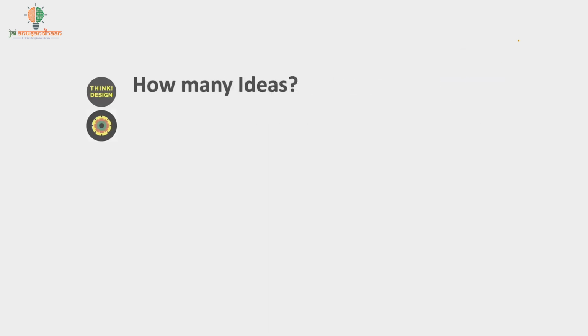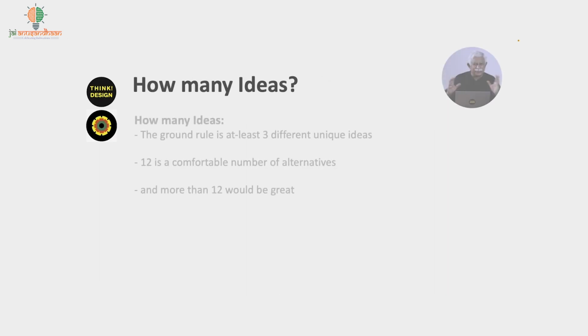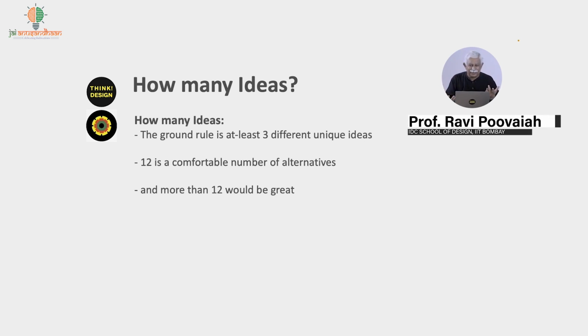So let's come to this question, how many ideas? What is the number? Okay, so the ground rule is that at least come out with 3 different unique ideas. Okay, 1 is not good enough because it will be the same idea. 2 is maybe an improvement on the first idea, but 3 means you have a little more flexibility.